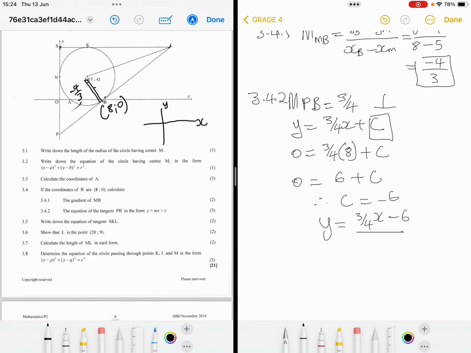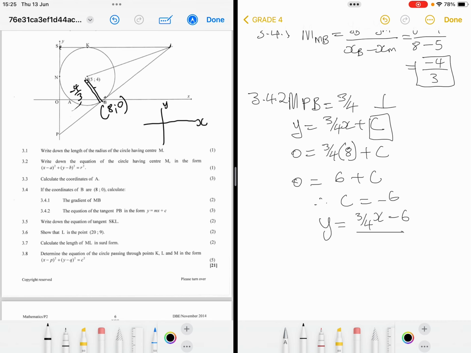Now they need the equation of a tangent SKL. Look at the diagram there. SKL is a tangent on that circle. Remember we have two tangents there.